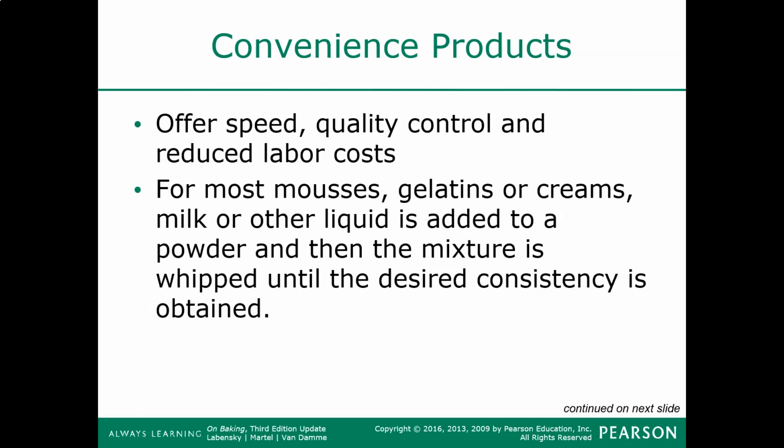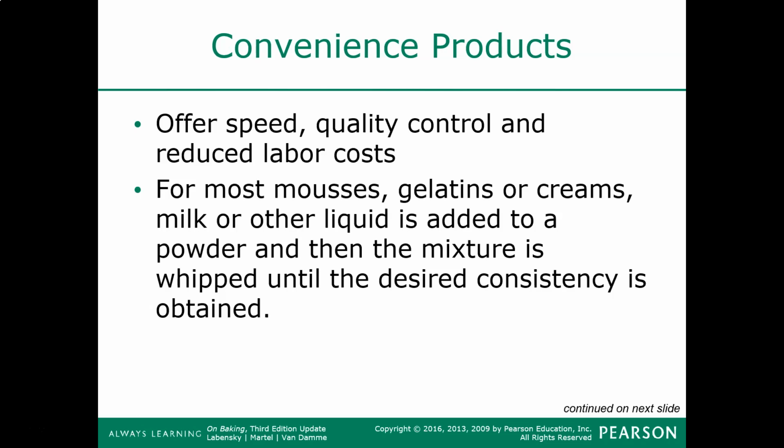Commercially prepared powders and mixes can be used to make a wide assortment of puddings, custards, mousses, gelatin desserts, and creams. After all, who hasn't made Jell-O? The advantages of these products are speed, quality control, and reduced labor costs. Packaged mixes are simply prepared according to the directions provided by the manufacturer.